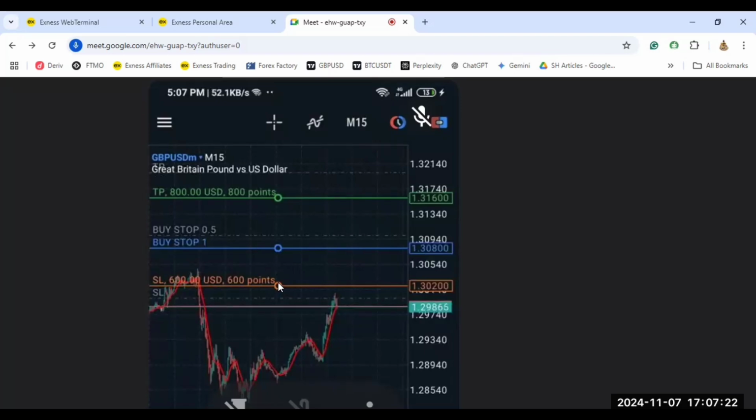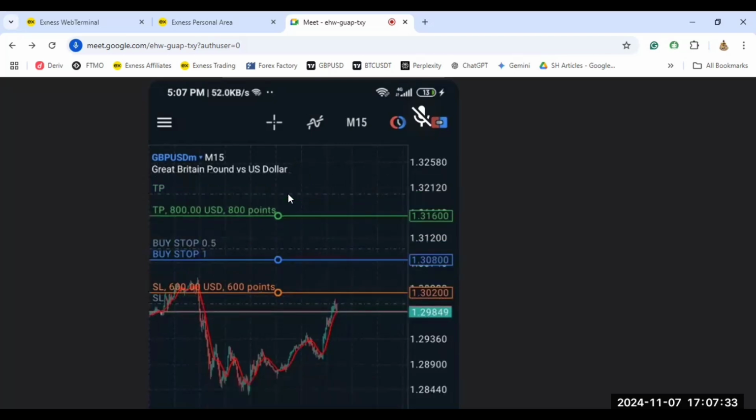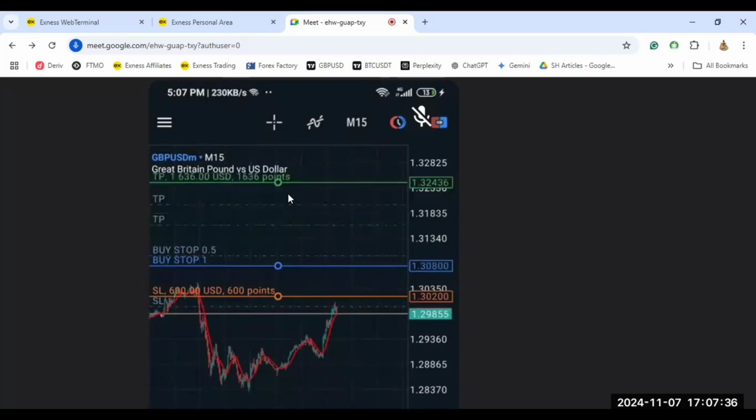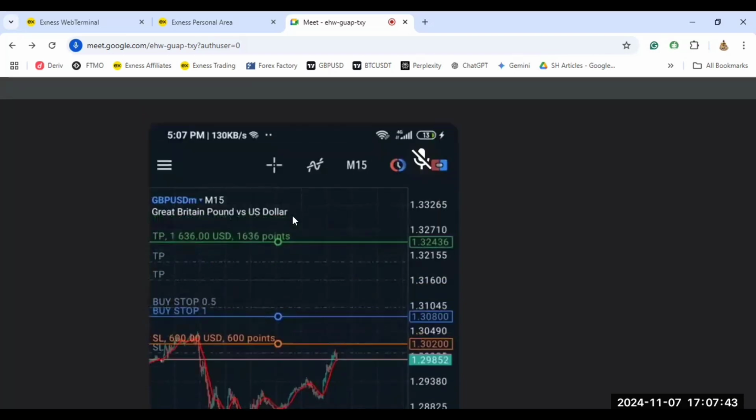It's better you risk 600 to get 1600. So this TP level would have been higher than this point. Maybe I should have shifted it to somewhere here to give you something like 1600 when you risk 600.